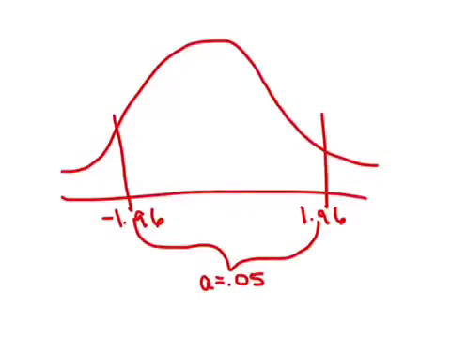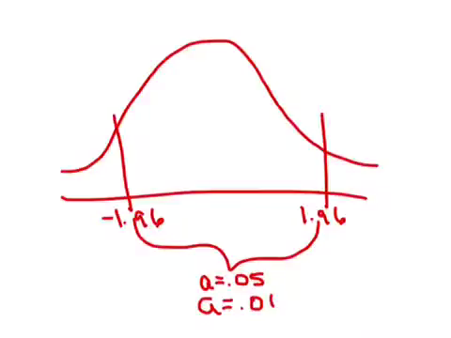Now, if we were to do a two-tailed test at 0.01, if you split 0.01 in half, you're going to look up 0.005, and that's specifically in the area beyond z in the tail.